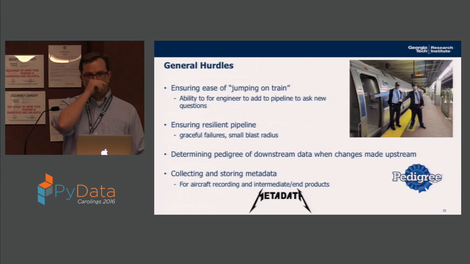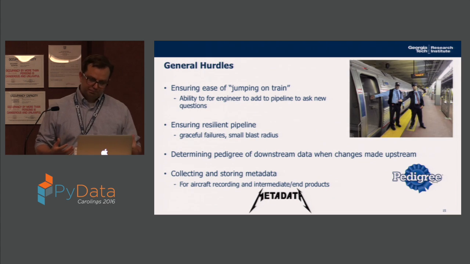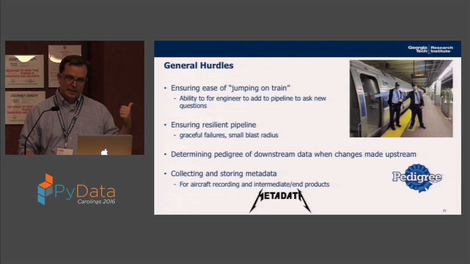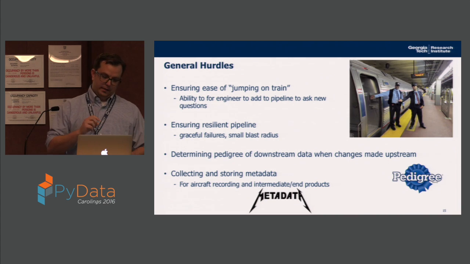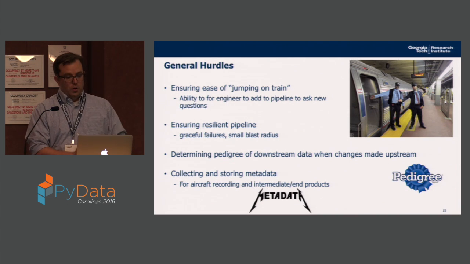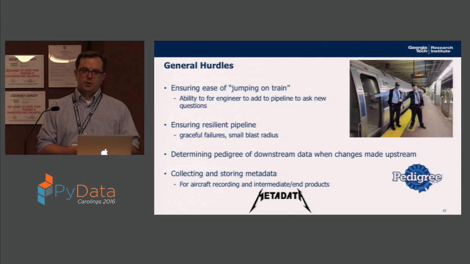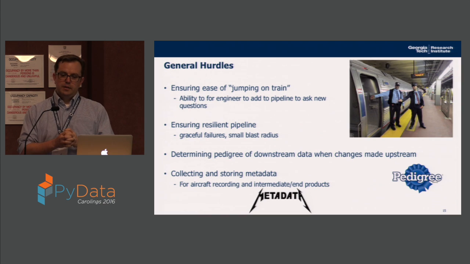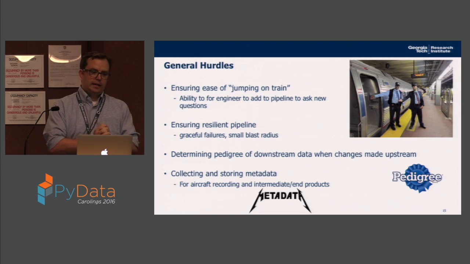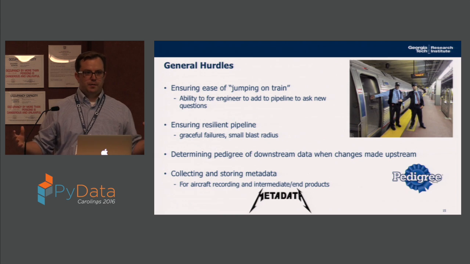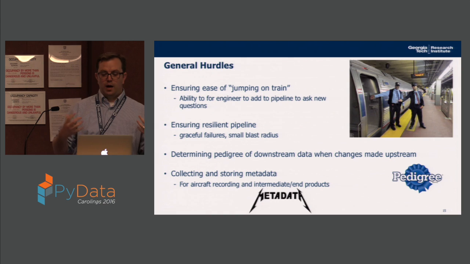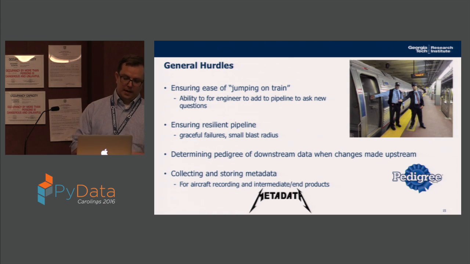So to highlight some of these hurdles: that last one, making it easy to jump on the train. That is not my train, nor is that my metadata Metallica sticker. The resiliency of the pipeline: keeping that blast radius low, making sure that as things break, it doesn't cause all sorts of issues across the board, which has been a bit of a problem, and I think is why we're looking to migrate to more of a managed pipeline solution.